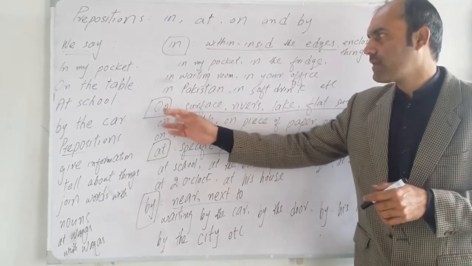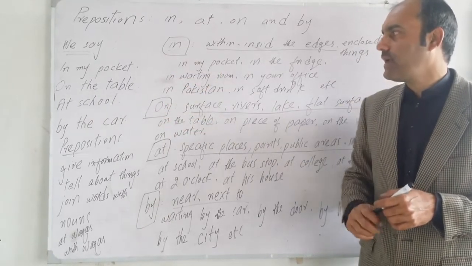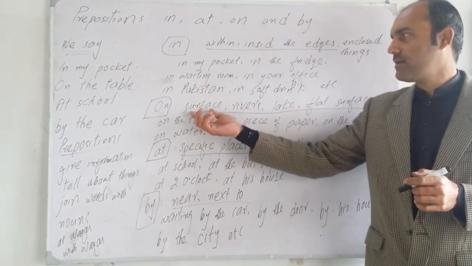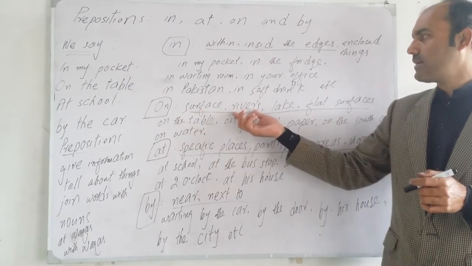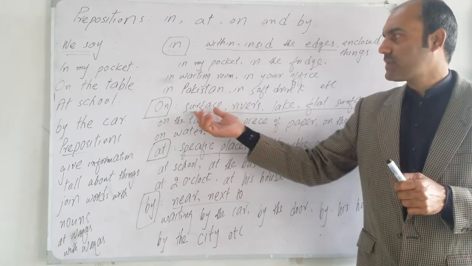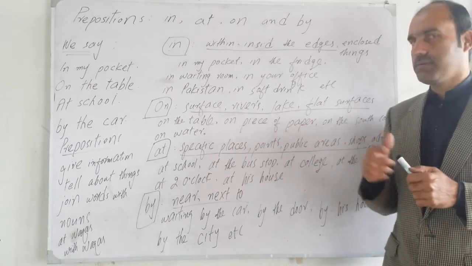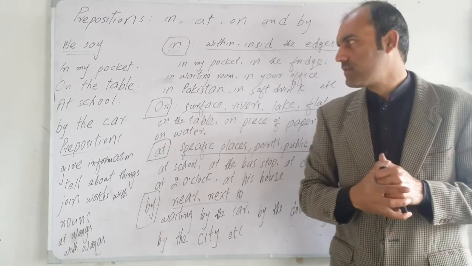Now come to on, and think about how on is different from in. On is used for surfaces, rivers, lakes, flat surfaces. For all these you can use on.